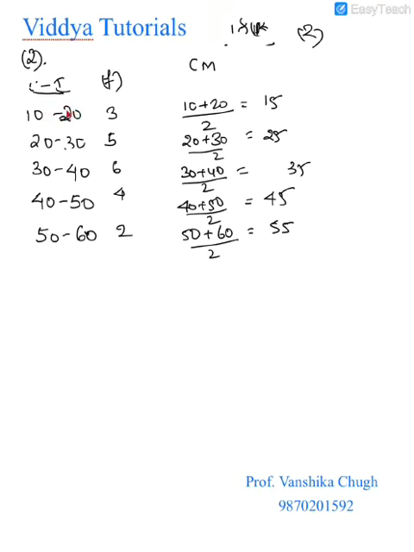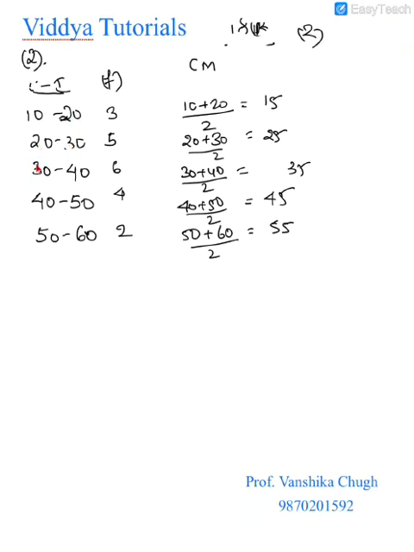Now remember, before plotting a histogram, we need to see that the class limits are exclusive. What do we mean by exclusive? Here the first group has the limit from 10 to 20, and the next group starts from 20 itself. This is 20, and even this is 20; this is 30, and the next group starts with 30.